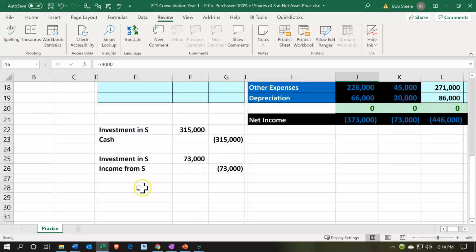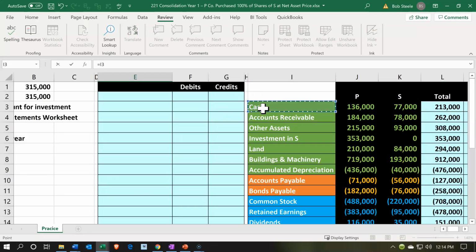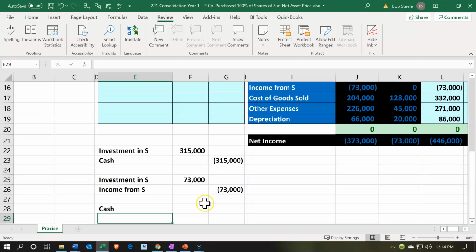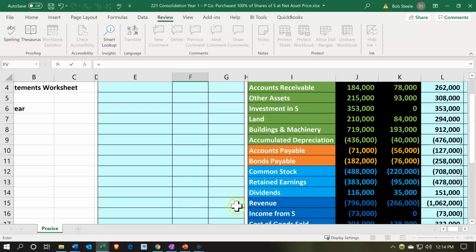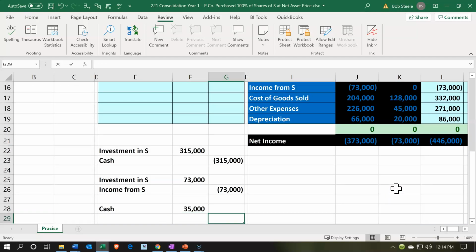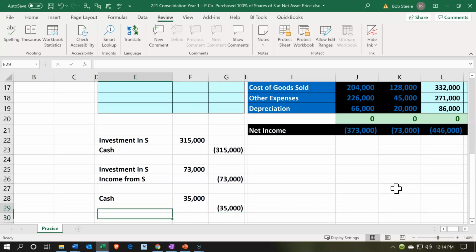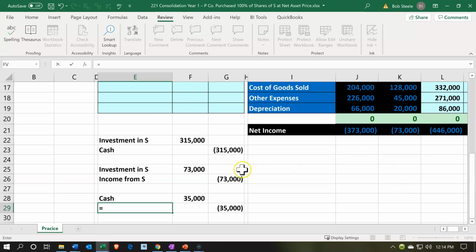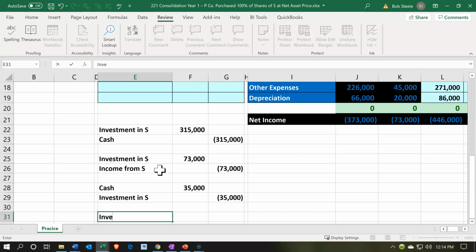And then they gave dividends. When they gave dividends, cash went up, in the amount of the 35,000. So 35,000 is that, and that's going to be decreasing the investment. So what's the effect on the investment?